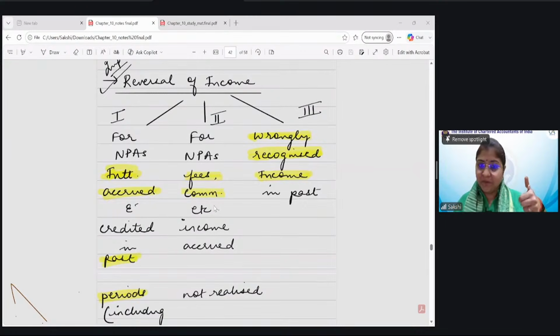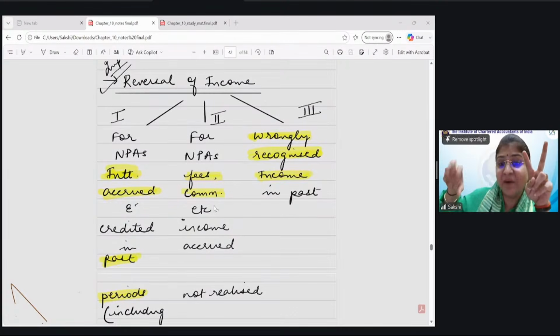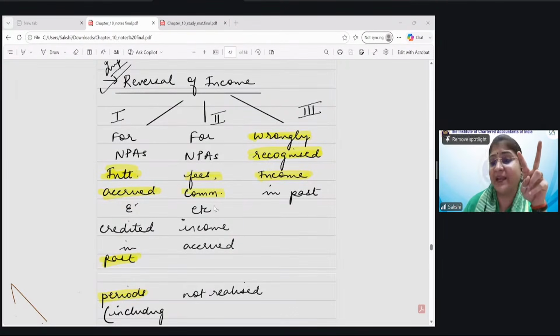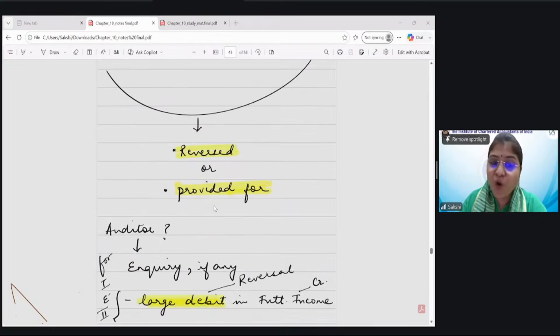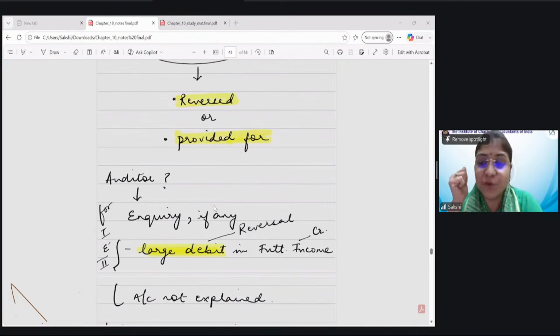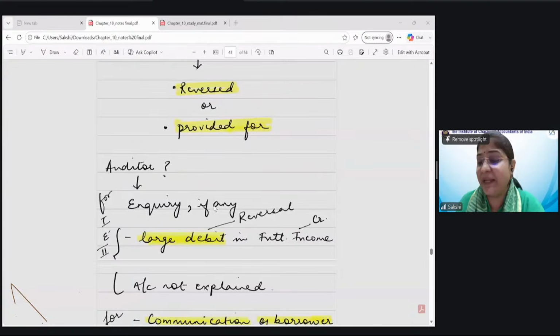For any income for NPAs, where interest was due, you have accrued, you have credited but not realized. So first two cases plus any income which was wrongly recognized as income in the past. It was not your income. Okay, so you are going to reverse and provide for. So as an auditor, you have to inquire if there is any large debit in the interest income account which is not explained.